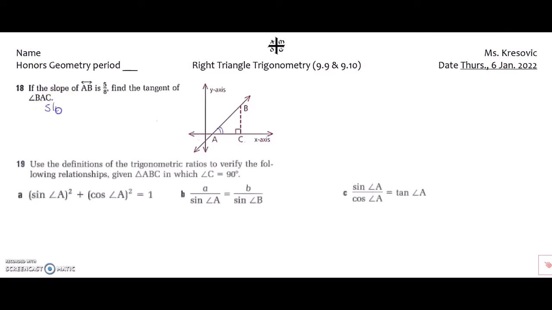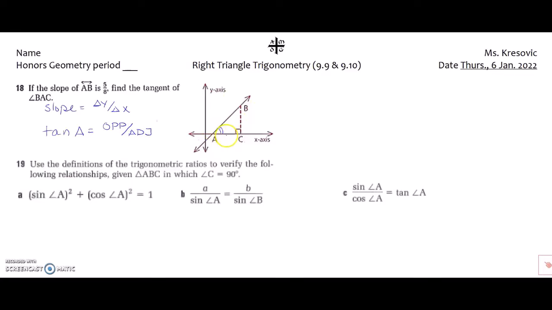The slope, by definition, is the change in y's divided by the change in x's, or the difference in y's over the difference in x's, or delta y over delta x. And then the tangent of angle, and I'm just going to call it angle A, is the opposite divided by the adjacent.